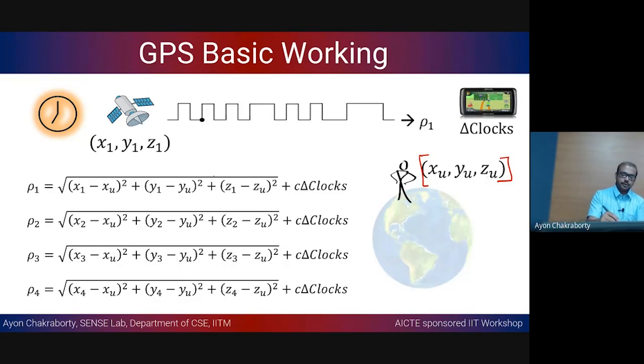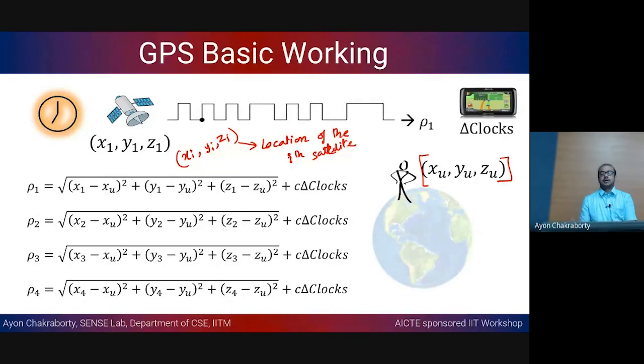Okay. So, Xi, Yi and Zi are the location of the ith satellite. And we have this clock drift measure that is used for the range correction. Now, how many unknowns do we have in these equations?